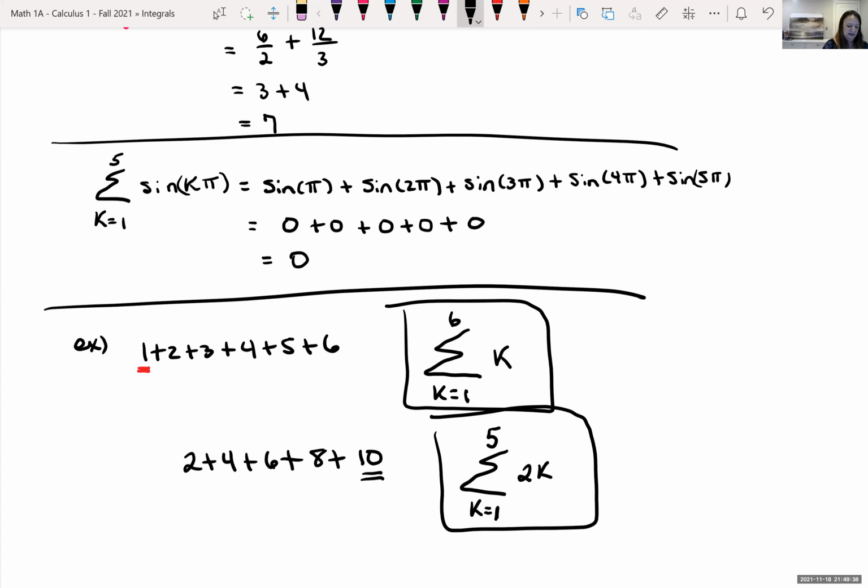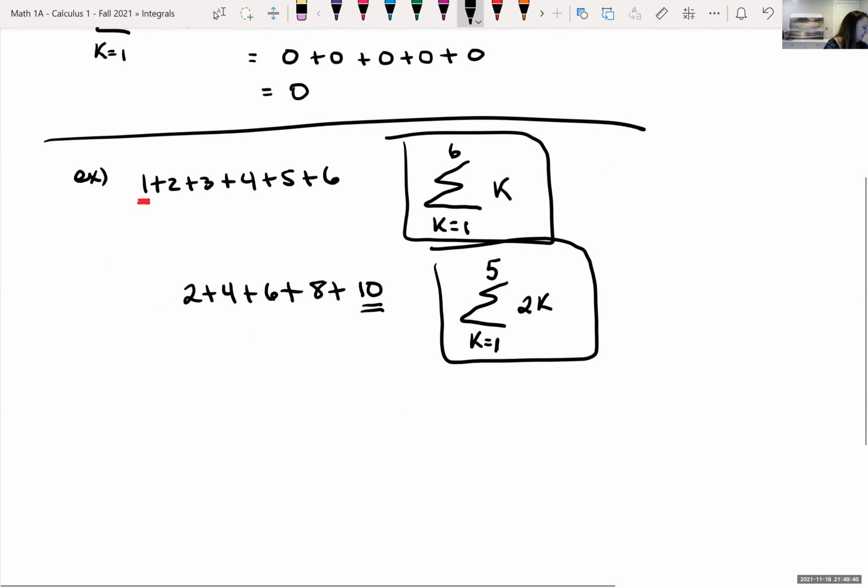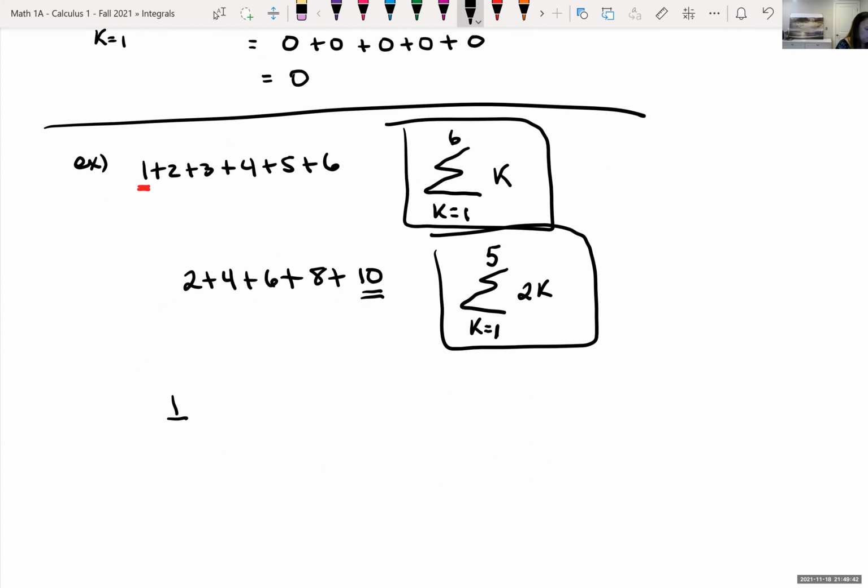One more. Let's say it was 1/2 plus 1/4 plus 1/8 plus 1/16. So we need to figure out what's going on there.